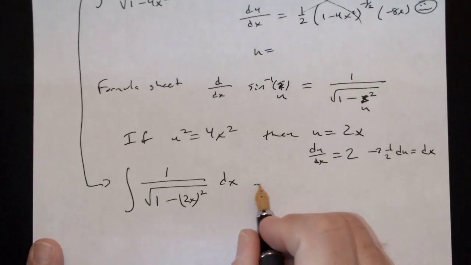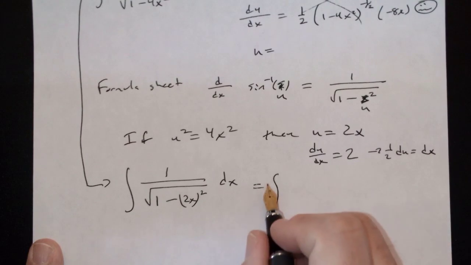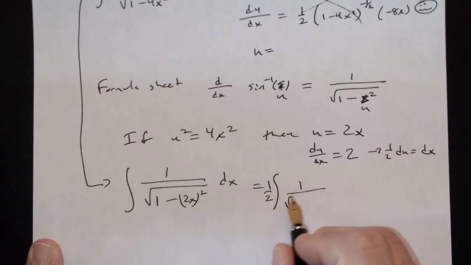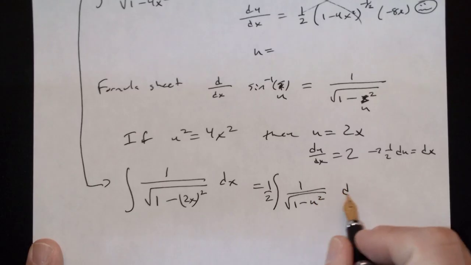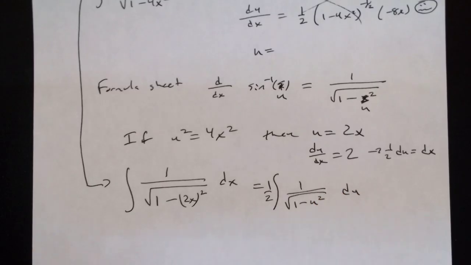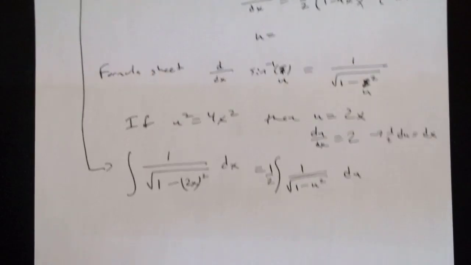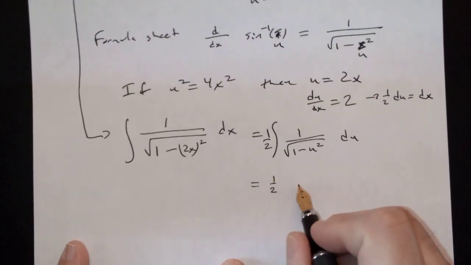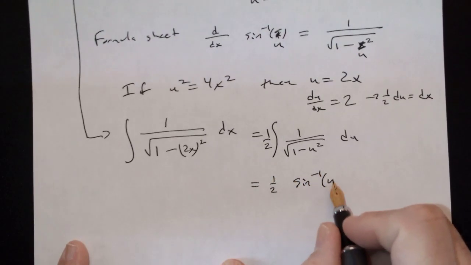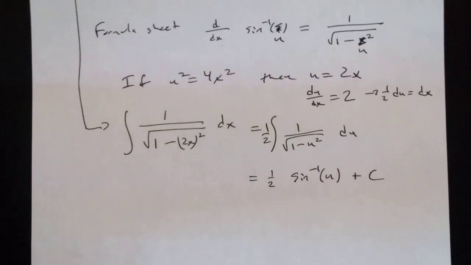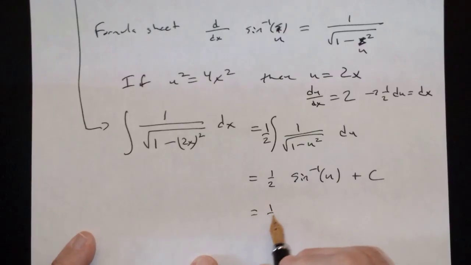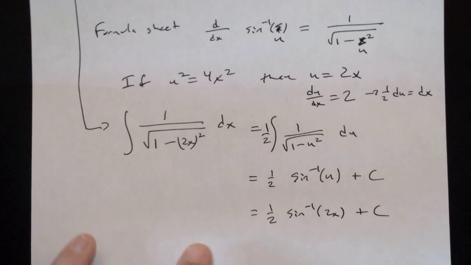And now this integral becomes 1/2 times the integral of 1 over the square root of 1 minus u squared du, which is an antiderivative I know from the formula sheet. But I started in x, I should end in x: 1/2 arc sine of 2x plus c.